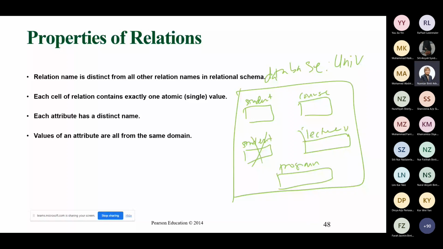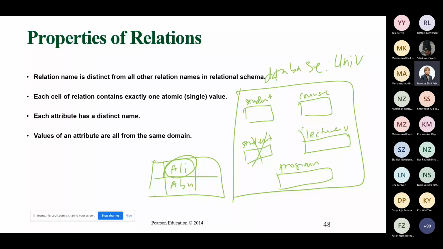And each cell of a relation contains exactly one atomic single value. Each cell. For example, this is Ali, this is Abu. This is exactly one atomic single value. And each attribute should have a distinct name.